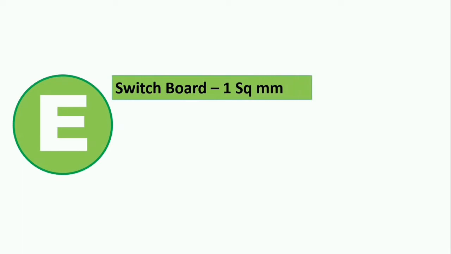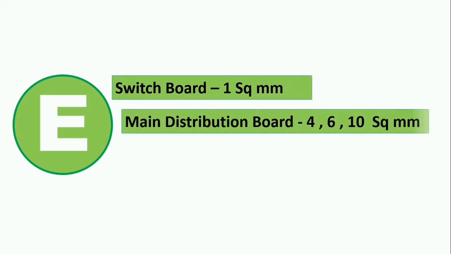Now, as well as earthing consideration, when you are earthing a switch, say for example, you could use 1.5 mm or 1 mm. A main distribution is ranging from 4, 6 to 10 mm in diameter for earthing. Usually, the least of it is 4 mm.